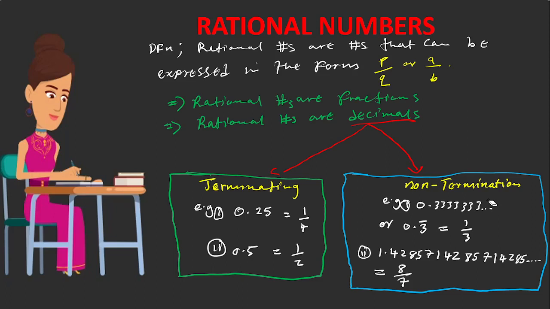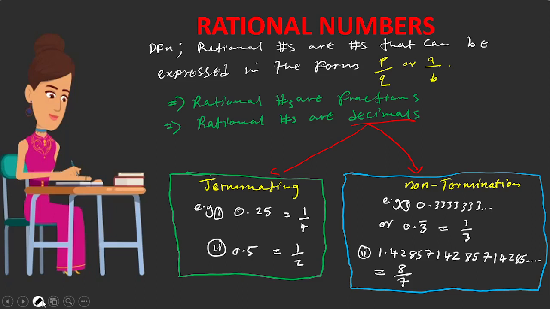The bar on top is telling me that 3 is repeating itself, like that. Is that okay now? So in this case, 3.3 bar, it's just simply mean that 3 is repeating itself.